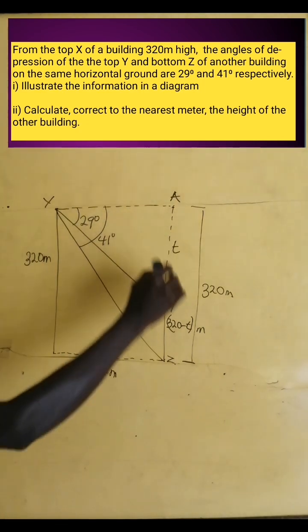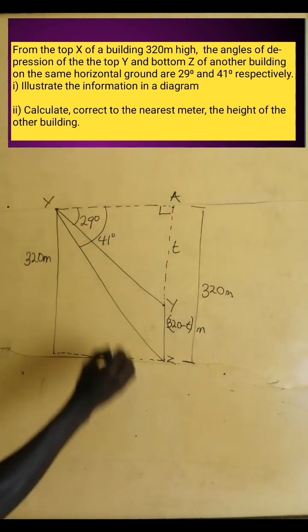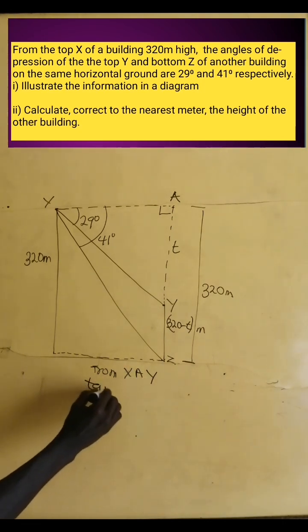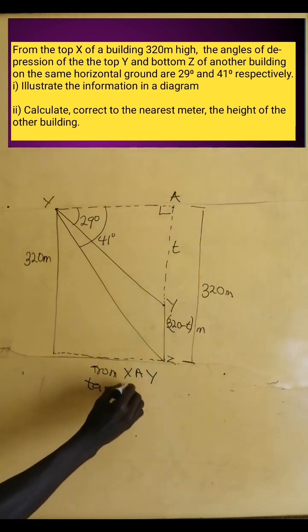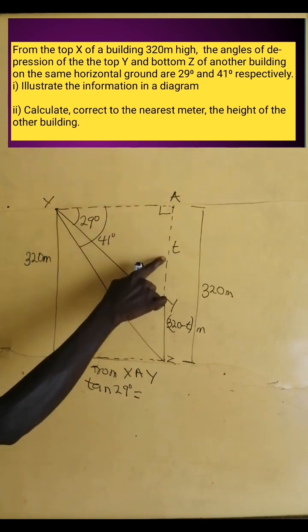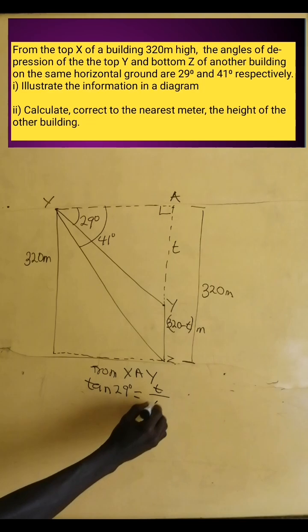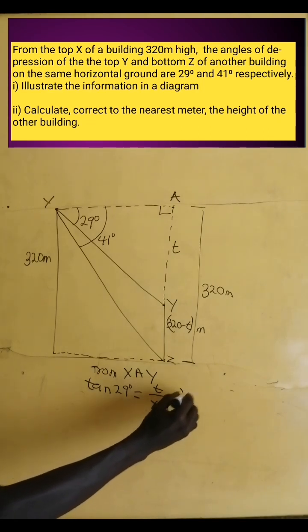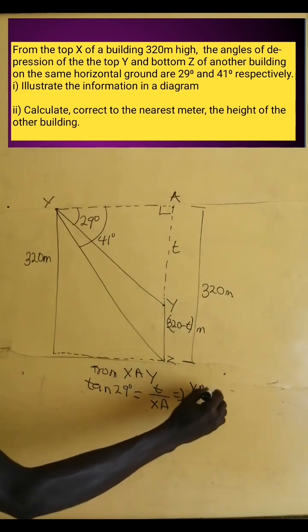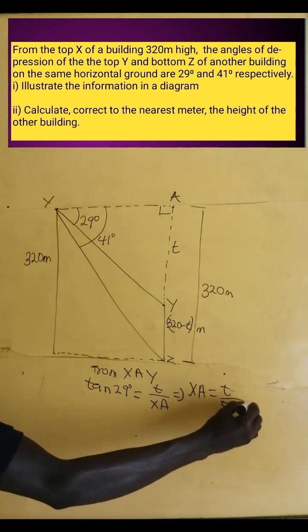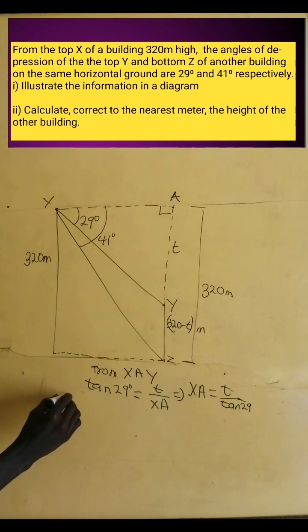Now, from triangle XAY, if I take the tangent of 29 degrees, it is equal to the opposite T divided by the adjacent XA. And this implies that XA equals T divided by tangent of 29.